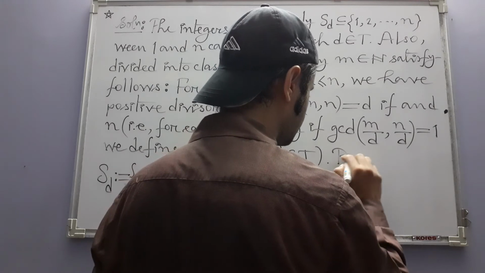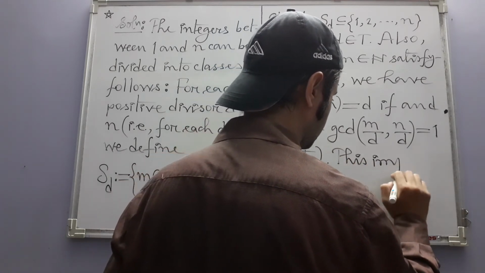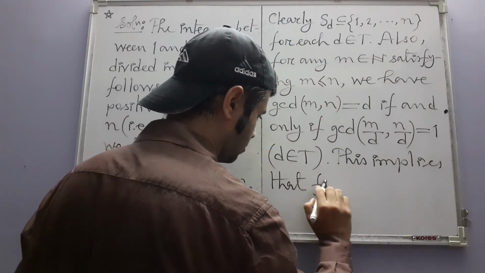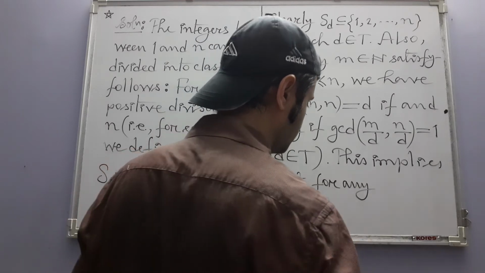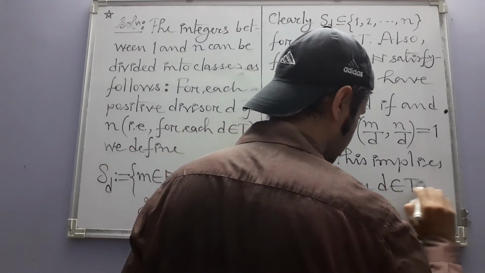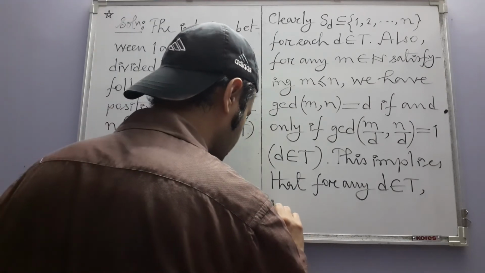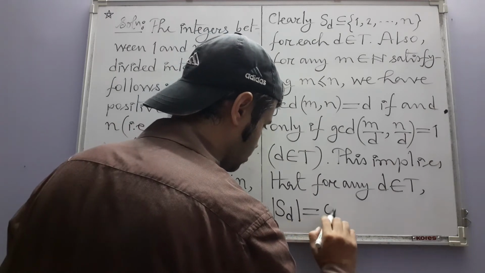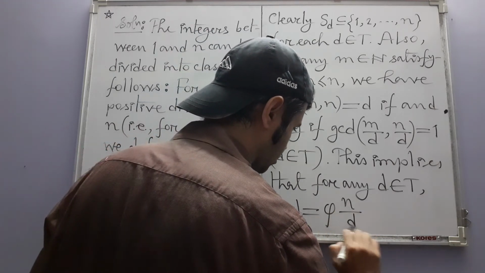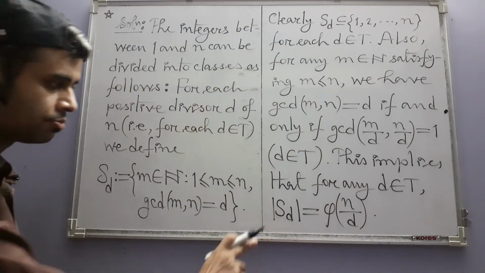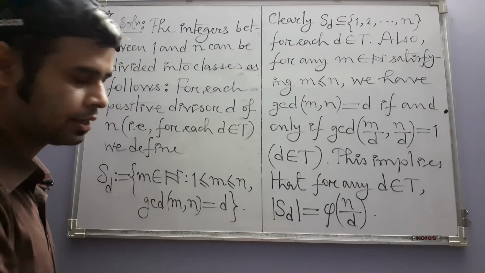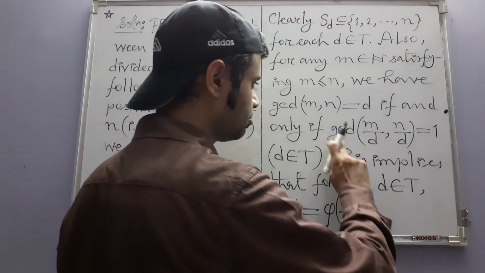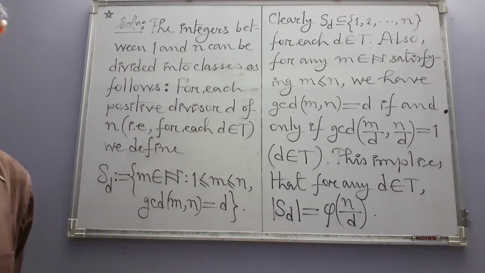This implies that for any d belonging to T, okay, so we are again writing like what we saw in that example, but exactly how does it follow that this is true from this equivalence?